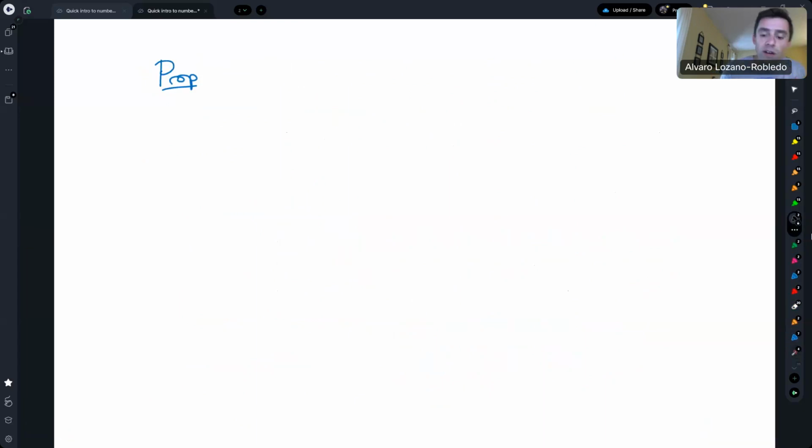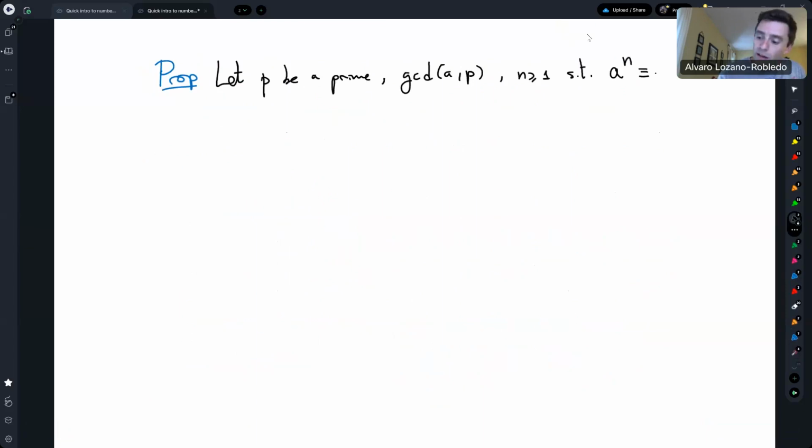So what is the definition? What I wanted to say here is that, let p be a prime for now. And we have an integer a that is relatively prime to p, so it is a unit. And suppose n is bigger or equal to 1, such that a to the n is 1 modulo p. So suppose that I do have some power of a that gives me 1.